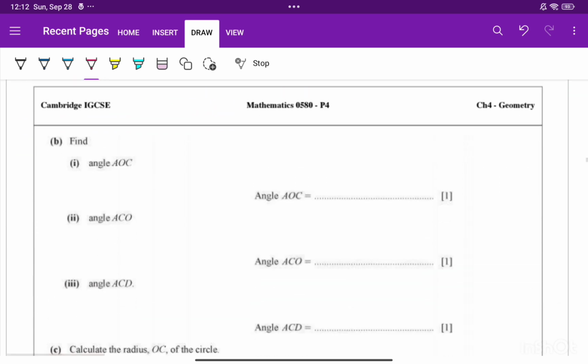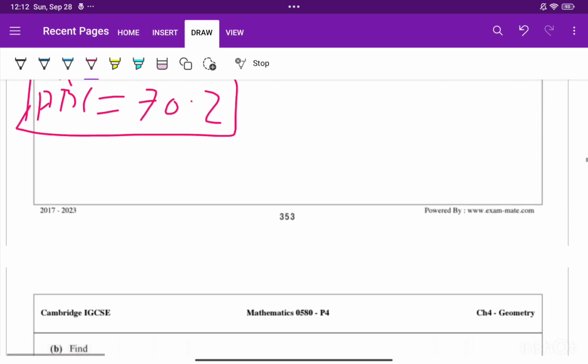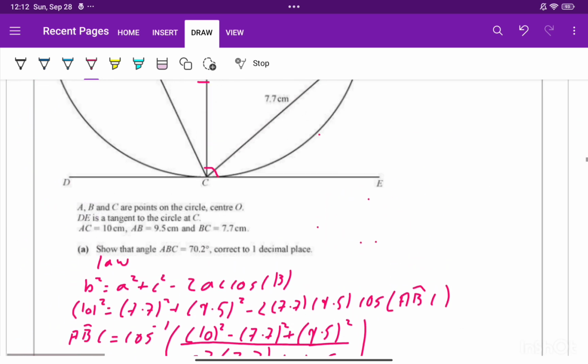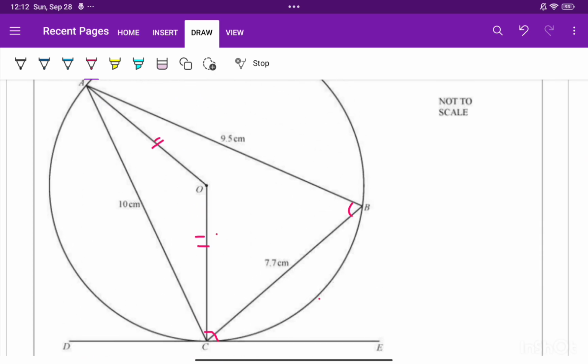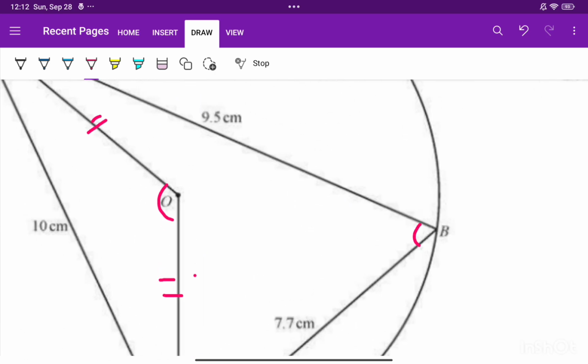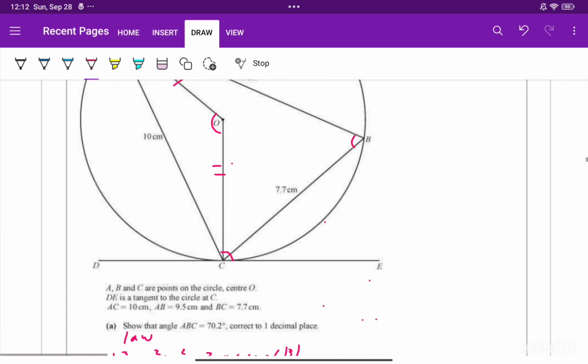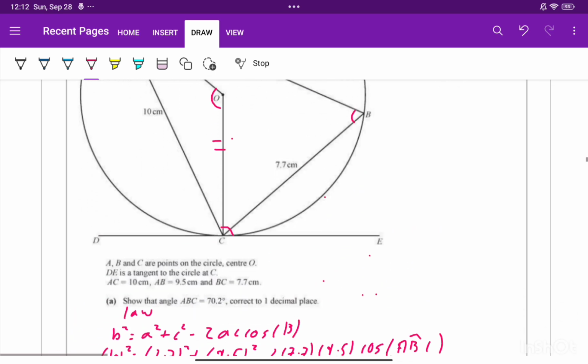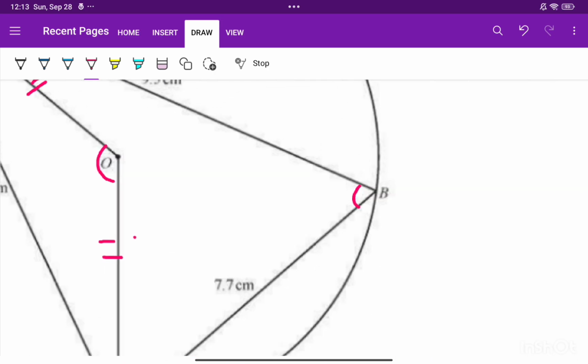Let's move to part B, angle AOC. We need to find this angle. And what was angle ABC, which we found out? 70.2.